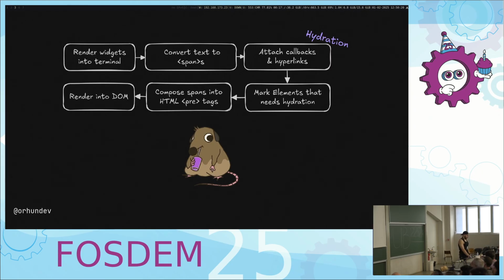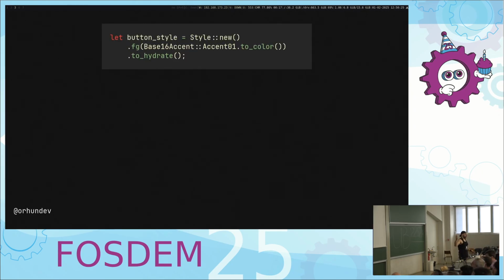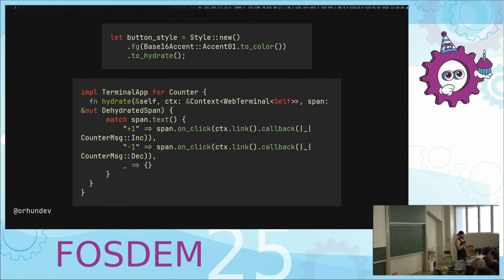So you create a style, mark it as to hydrate, and then later on you get all the dehydrated spans and attach some action to them. So there's too much stuff happening, too much effort. It's not really an easy way to build applications, I think. So this is what I don't like about Webatui, but it's totally fine if you want to use U.